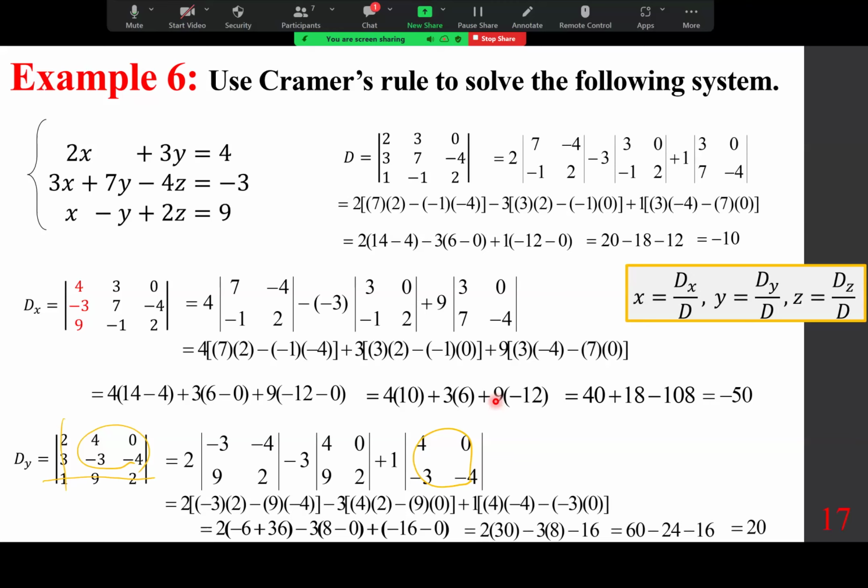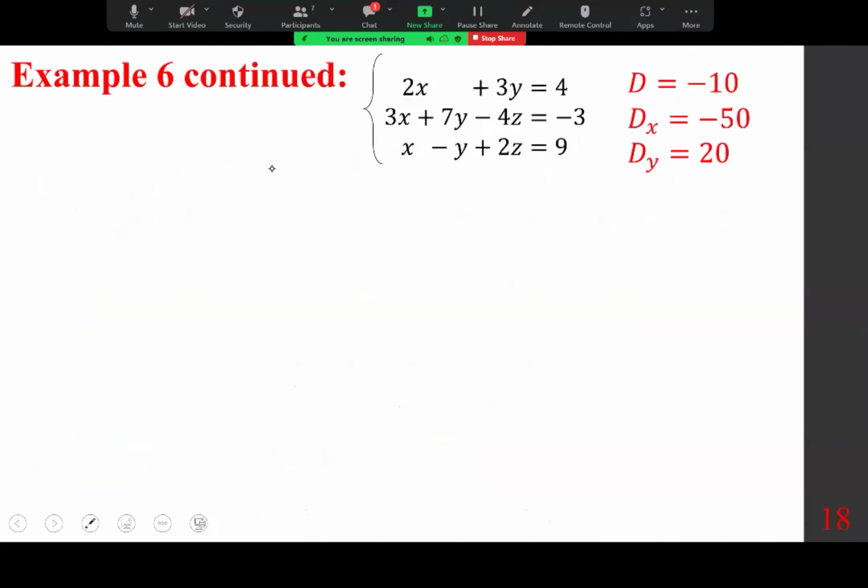Finally, we need to find d sub z. So d sub z, you go to the d and you get rid of the third column. So this was it. We got the d, we got the d sub x, we got d sub y, and now we're going to write d sub z by changing the third column.